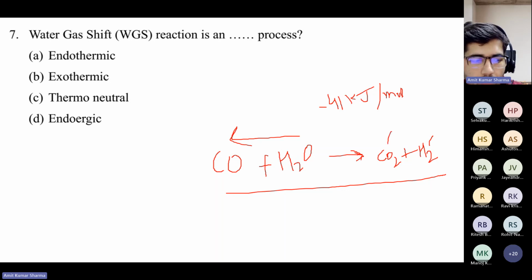If your operating parameters are not favorable in the steam reforming reaction, and your temperature is promoting the reverse water gas shift reaction, then what will happen? The H2 generated from the steam methane reforming reaction will react with the CO2 and again produce CO and H2O.